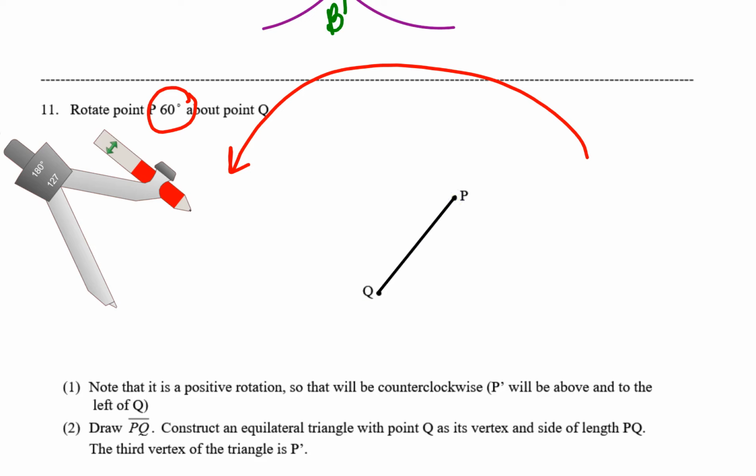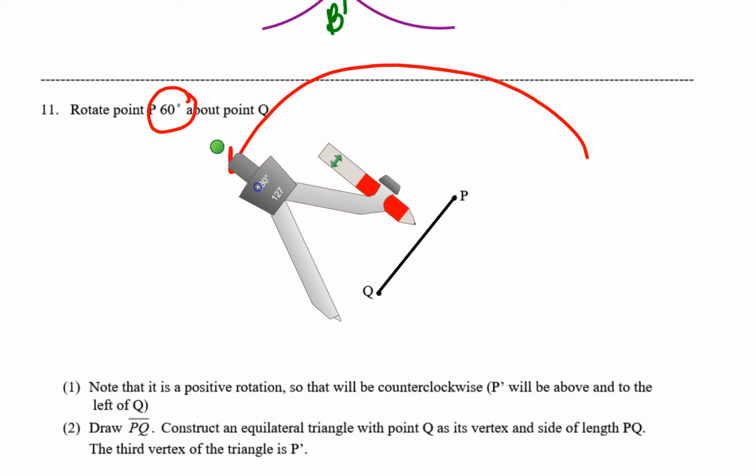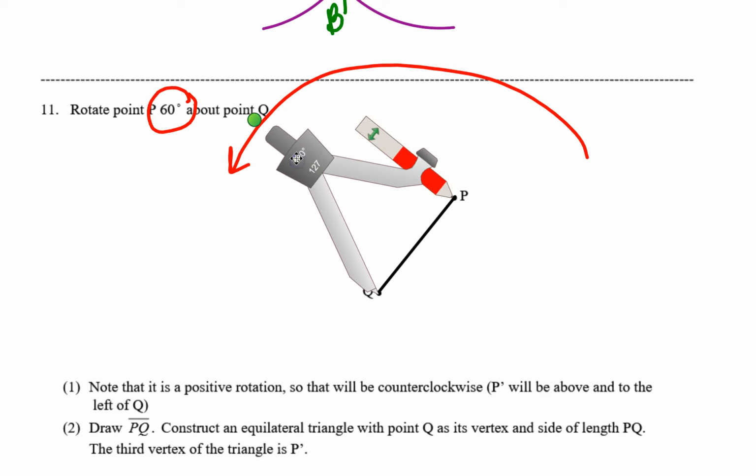So just like so. Using my compass, I'm going to put the pointy part at Q. So this is my center of rotation because I'm rotating about Q, and I have it opened up as far as P. I'm going to construct an arc in this counterclockwise direction.